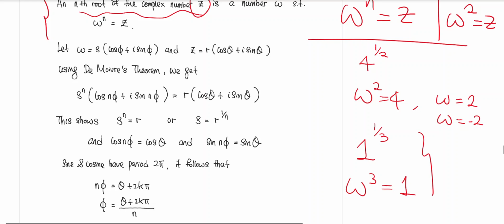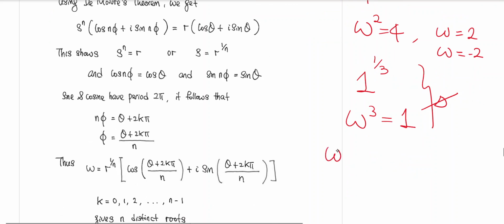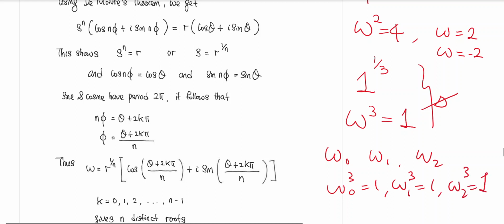But if you allow yourself to use complex numbers, we can actually find 3 complex numbers. Let's call them W0, W1, and W2, such that W0 cubed is 1, W1 cubed is 1, and W2 cubed is 1. So we have 3 different complex roots for this, which is like, whoa, really?